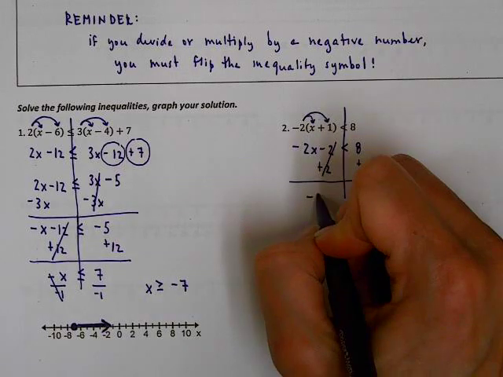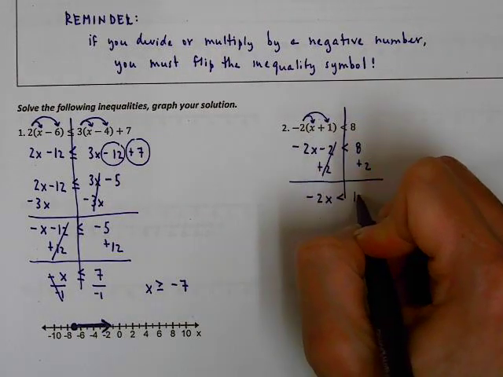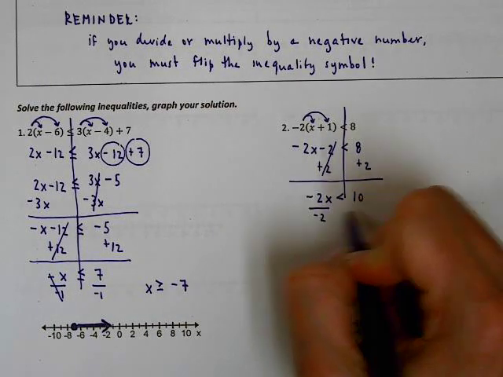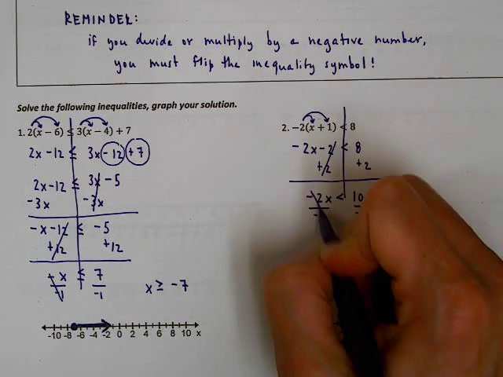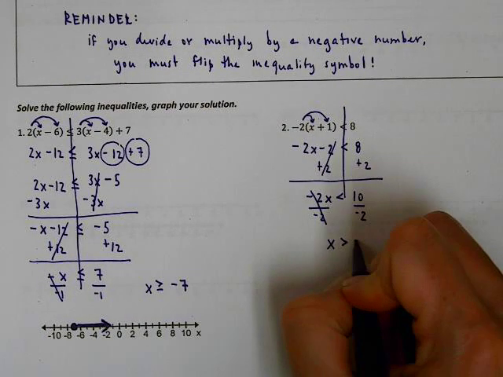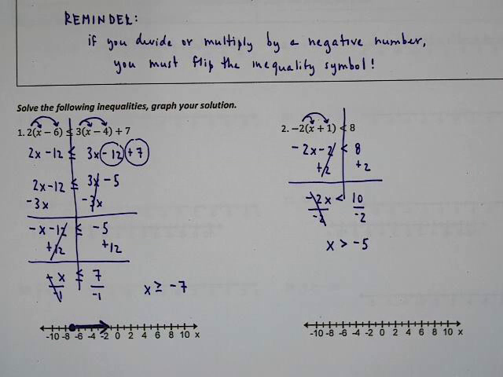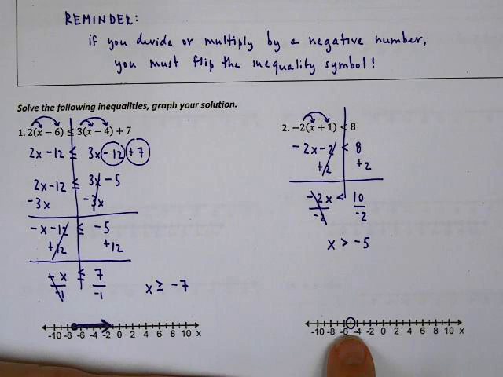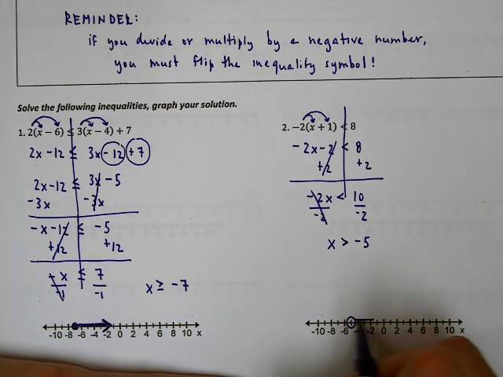So I get a negative 2x is less than 10. Last thing I'm going to do is divide by that negative 2, and since I'm dividing by a negative 2, again, I'm going to have to flip my inequality symbol. So I have x is greater than a negative 5, which means an open circle at negative 5, and shade right.